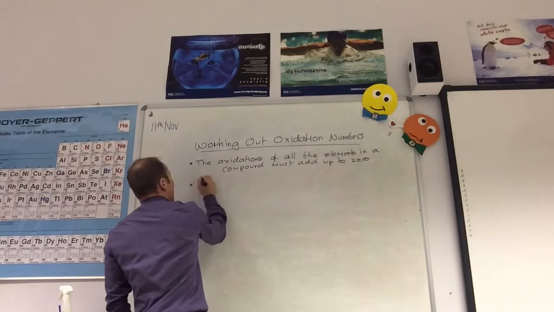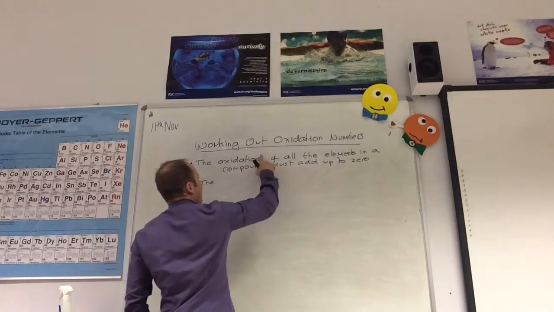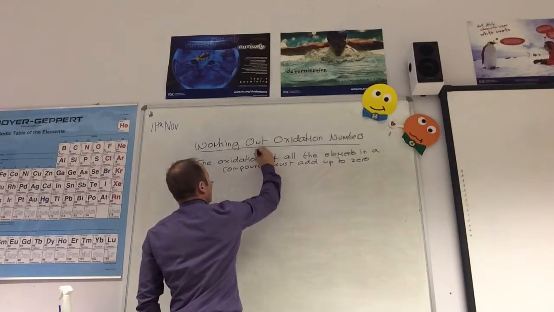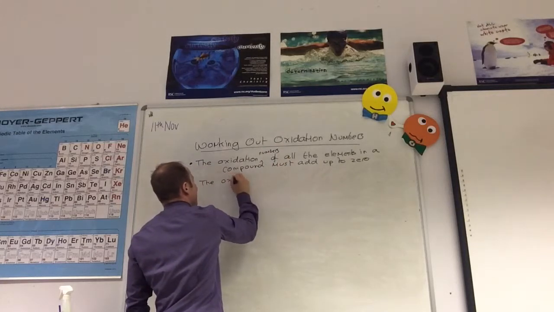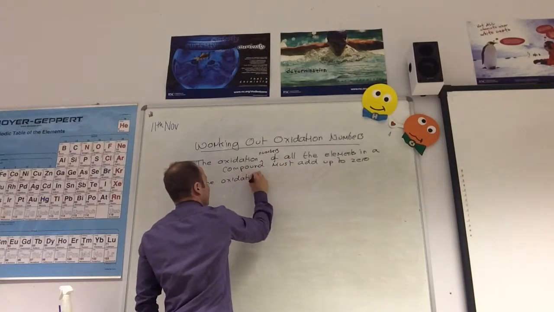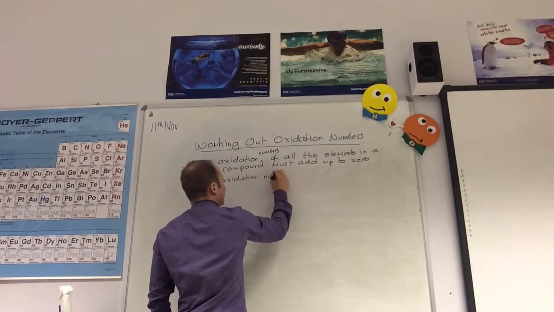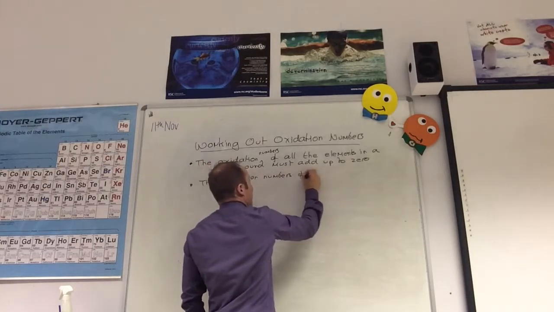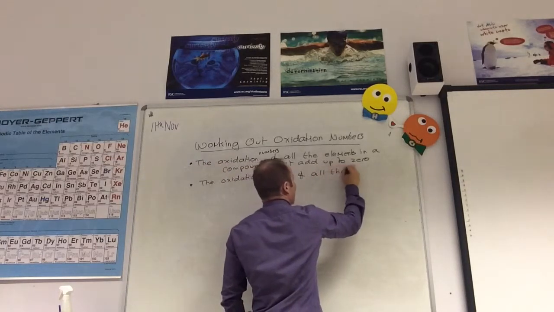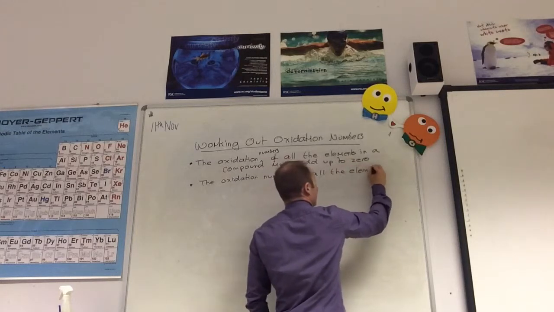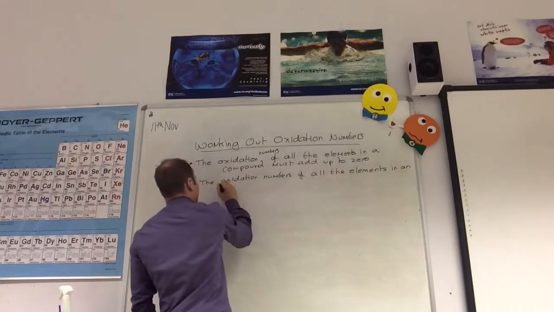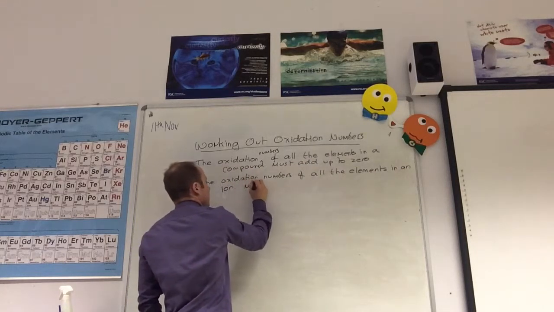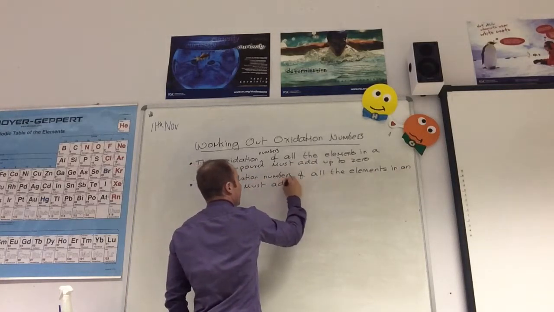And the other point, sorry, I missed out numbers there. The oxidation numbers of all the elements in an ion must add up to the charge on the ion.